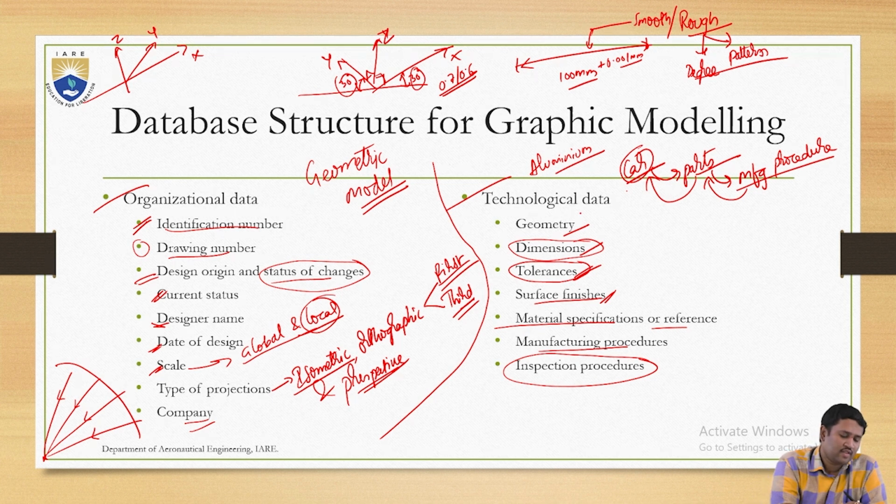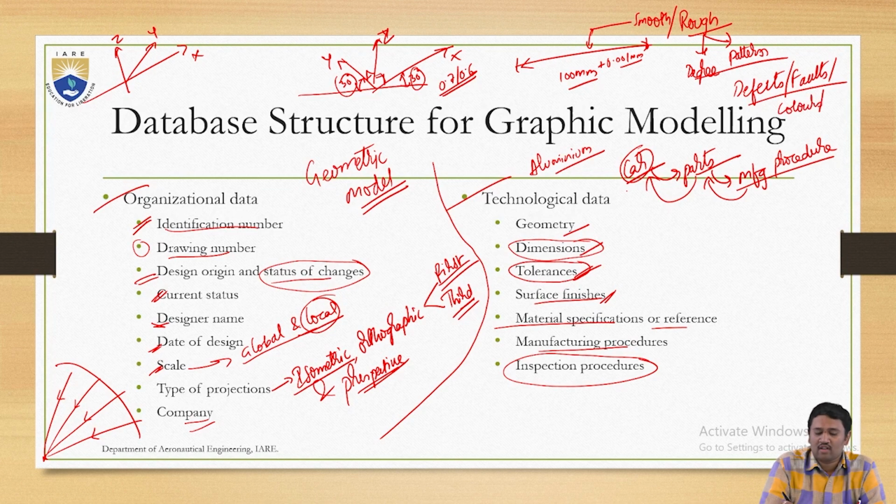Inspection for defects, a test drive for faults, and a look at colors, what we are sending out. All these are inspection processes. There are many more; these are a few inspection processes that happen.